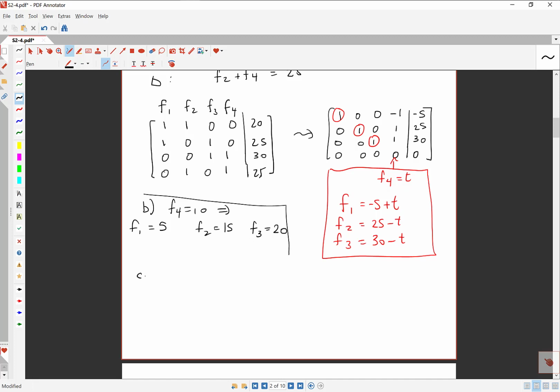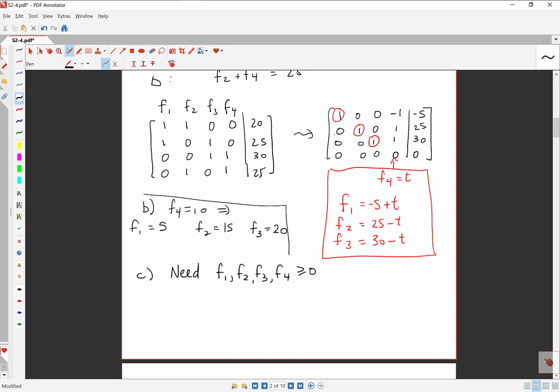And then part C, I think, is the most interesting one. We need all of these flows to be non-negative. So F1, F2, F3, F4, all must be greater than or equal to 0. So let's figure out what T values are allowable, and then that will lead us to the minimum and maximum flow through each intersection.